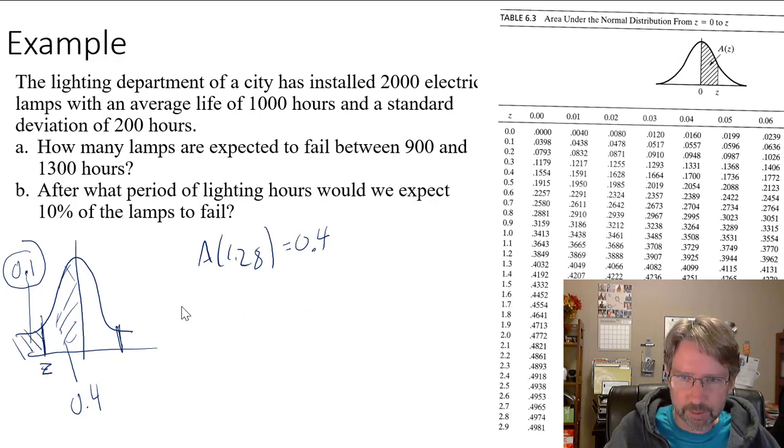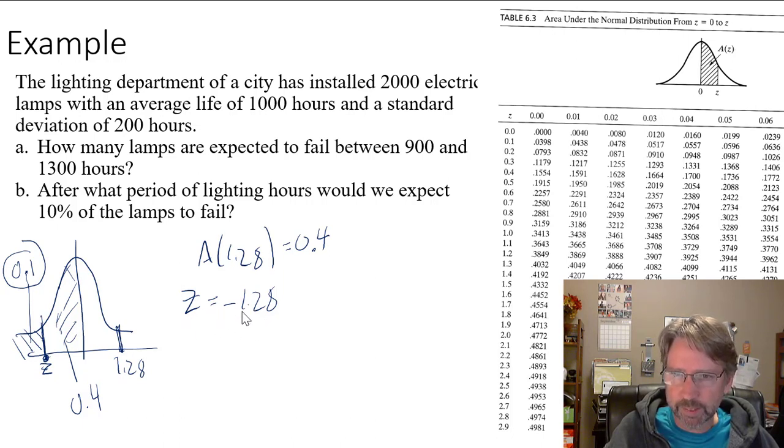There's a couple of tricks here. We had to do this trick to get the 0.4, but this is actually 1.28 over here. And so our actual z is negative 1.28 because it's on this side, not this side, using the symmetry.